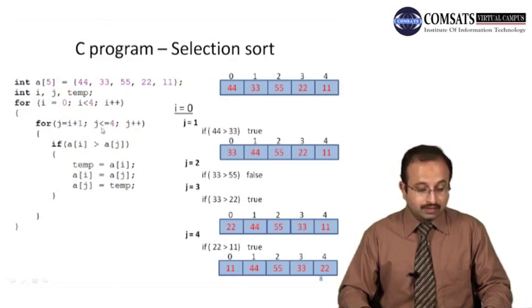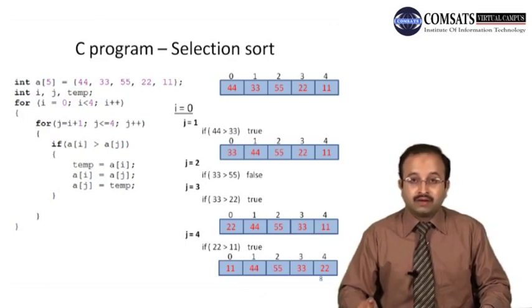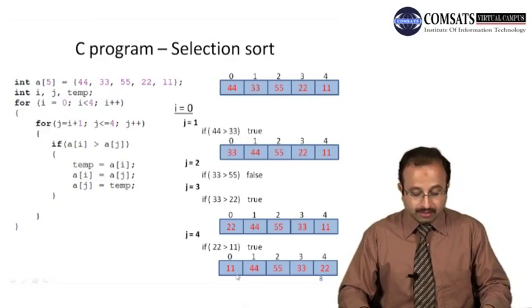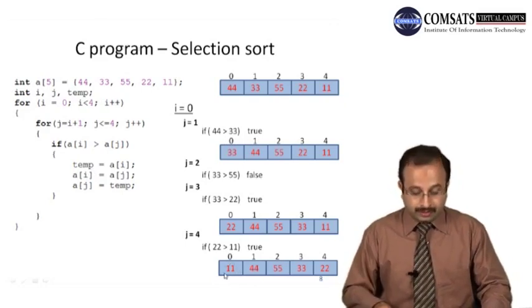The condition is 5 less than or equal to 4. Condition becomes false. So one iteration of the outer loop is completed, and when one iteration of the outer loop is completed, you see the first element in the array is sorted, that comes in its position.